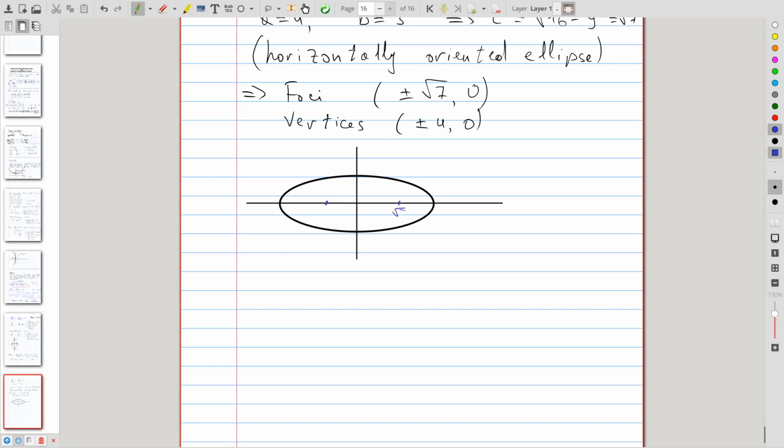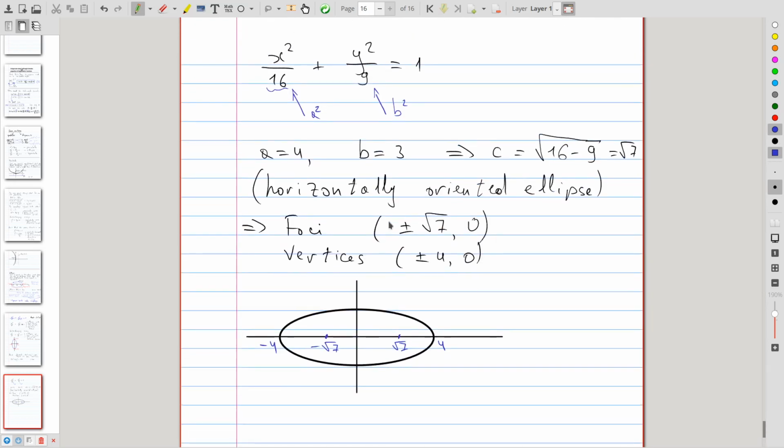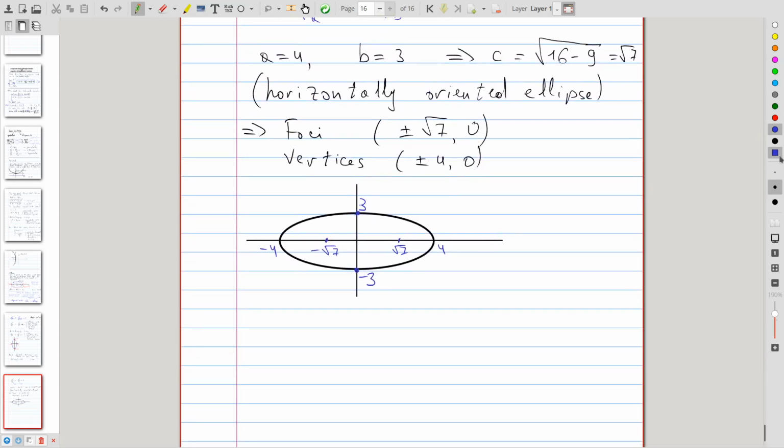So this is √7, this is minus √7, this here is 4, and this is minus 4. We could, just for completeness of the picture, also denote the other two intercepts, which have coordinates 0, plus minus b. So that means we have 3 and minus 3 over here. So this completes the sketch of this ellipse.